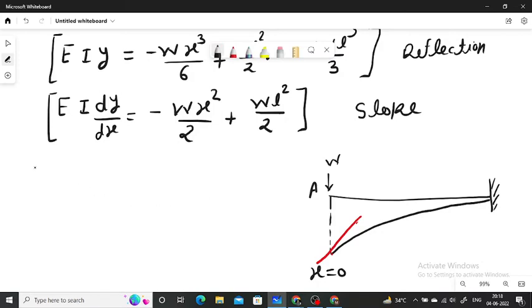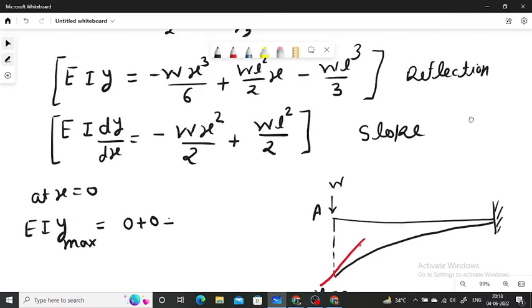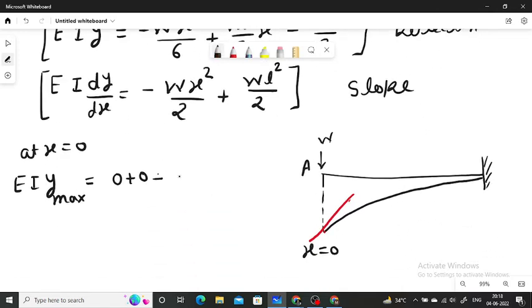Now putting x is equal to 0, EI into y is maximum at this point. So the first term is 0, the second term is also 0, minus WL cube by 3. Then the maximum deflection will be equal to minus WL cube upon 3EI.